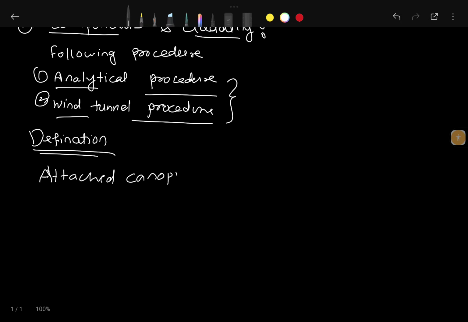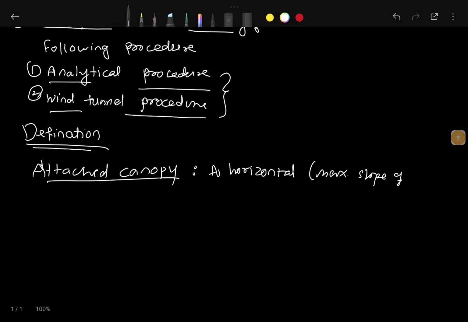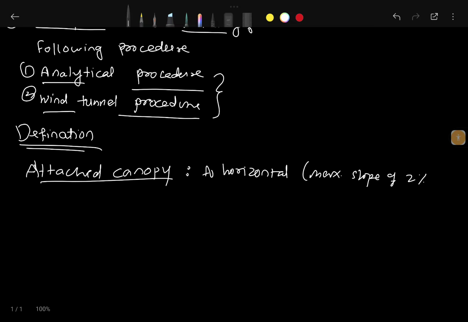An attached canopy is nothing but a horizontal patio cover, with a maximum slope of 2%, attached to the building wall at any height.